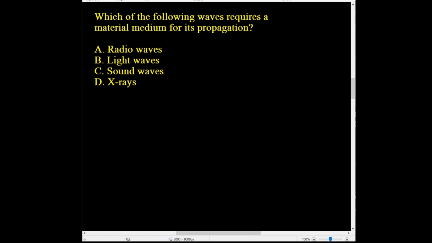What we need to take note of is that all electromagnetic waves require no material medium to travel, but mechanical waves need a material medium for their transmission.